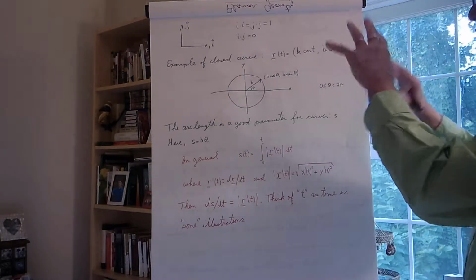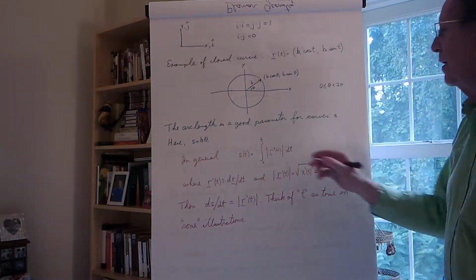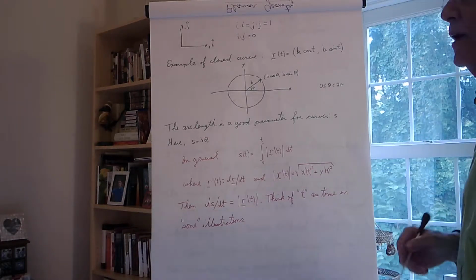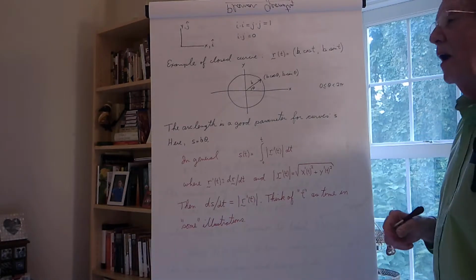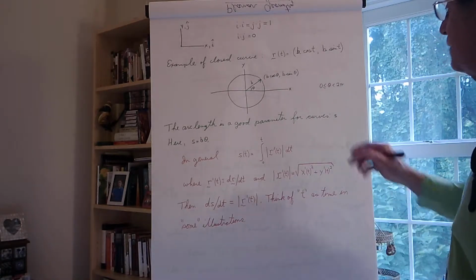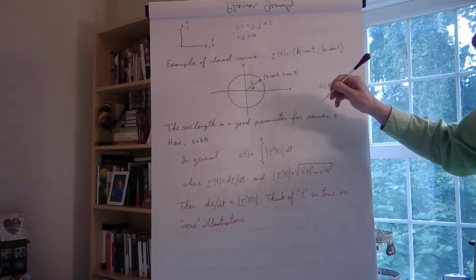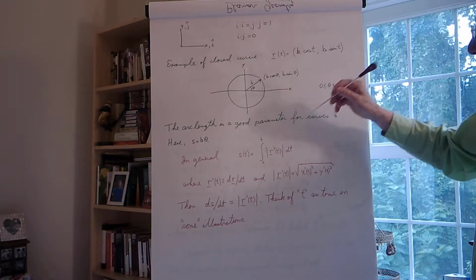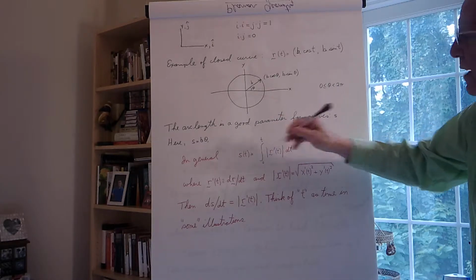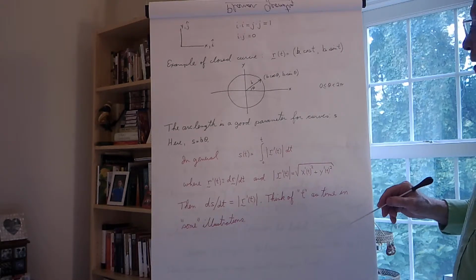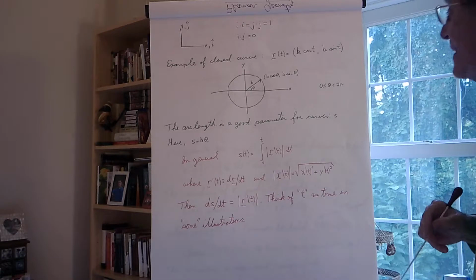Well, in general, for a general curve, what's the arc length? You just add up infinitesimal bits of dr along the curve and integrate them up. So I write the magnitude of r prime, where the prime means differentiation with respect to the parameter, and then I multiply that magnitude by dt.